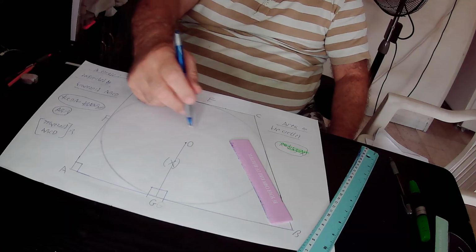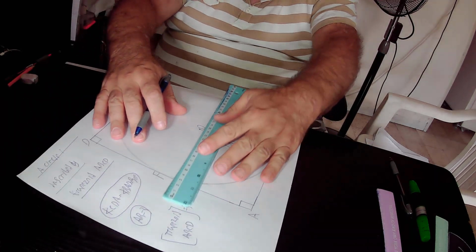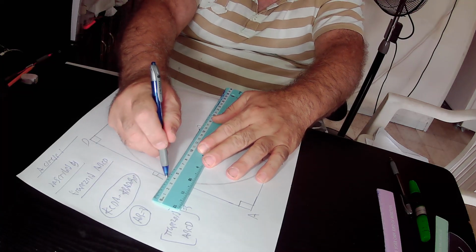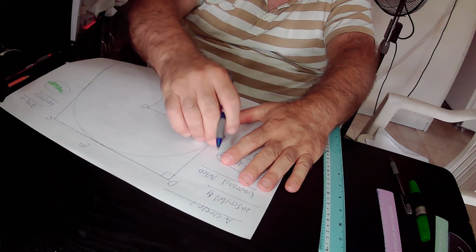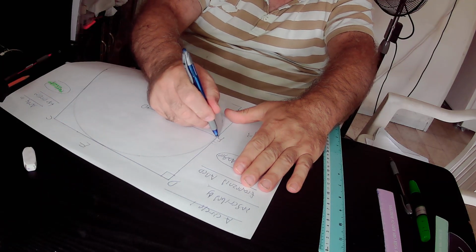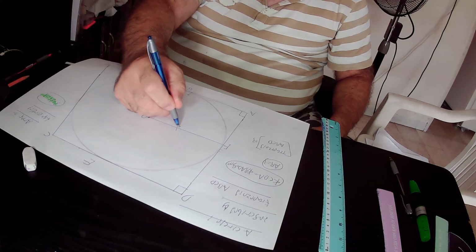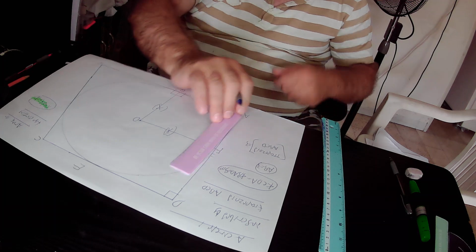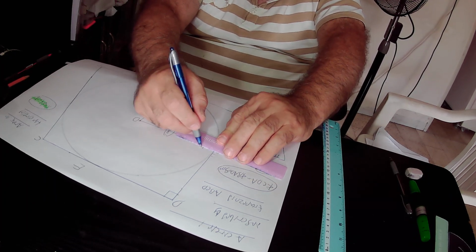Likewise, we join points O and F together by a straight line. OF is of course the radius of this circle, that equals X, and according to rule 1, this angle equals 90 degrees, and this angle also equals 90 degrees.